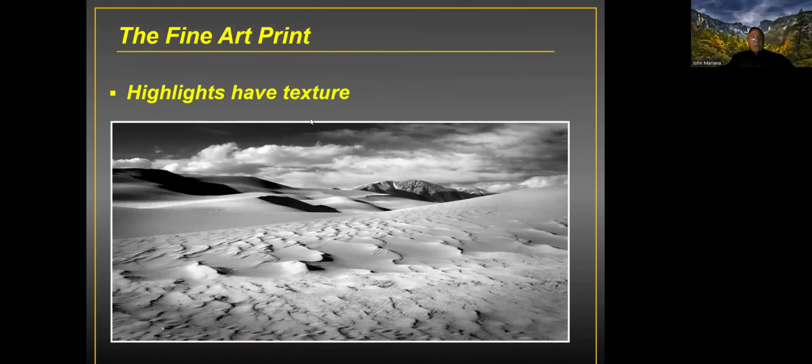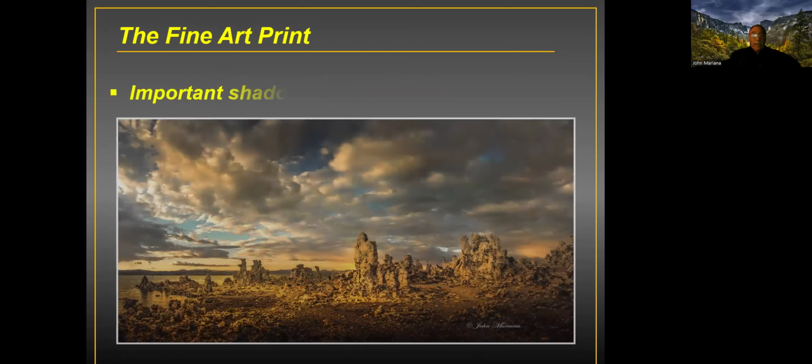Also, on any fine art print, any image that you're working with, that you're presenting or having printed, the highlights should not be blown out. They should have texture. So think about that when you're photographing and exposing, and maybe you need to do multiple exposures. So you get detail in the shadow and detail in the highlights, texture in the highlights.